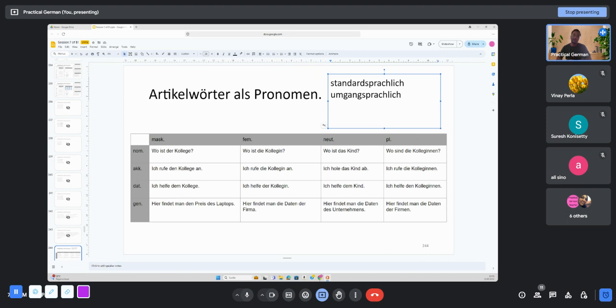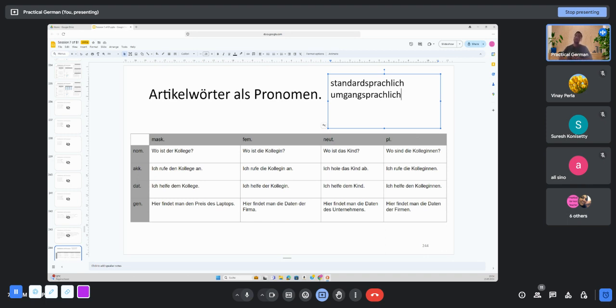Any guess what I am saying? Umgangssprachlich is like colloquial, how you speak in real life to close people. Normally you learn to speak Standardsprachlich, this is how you normally speak and write.